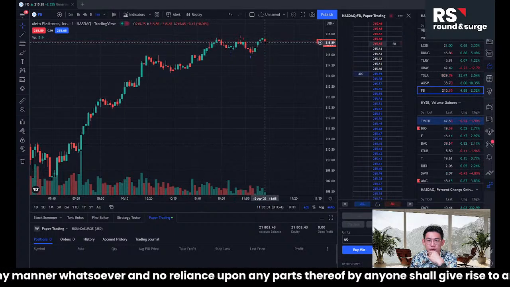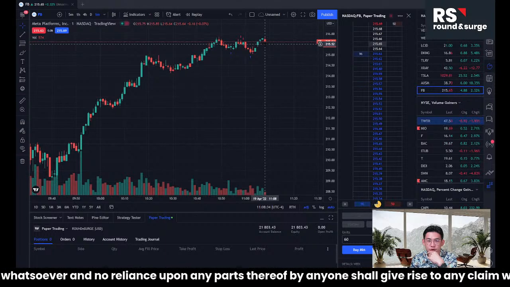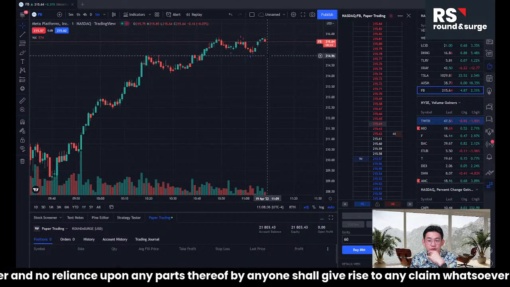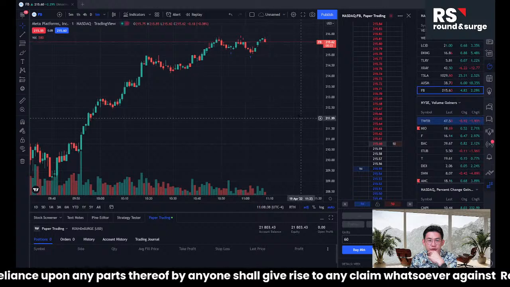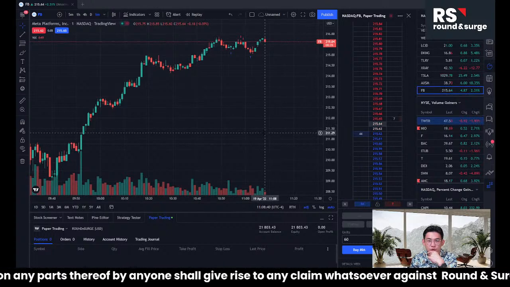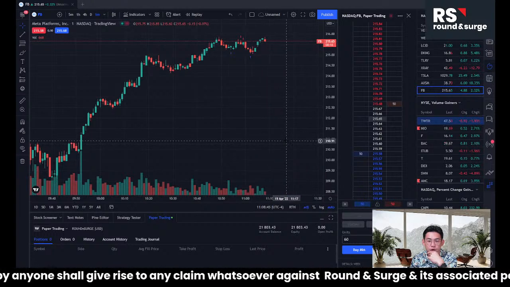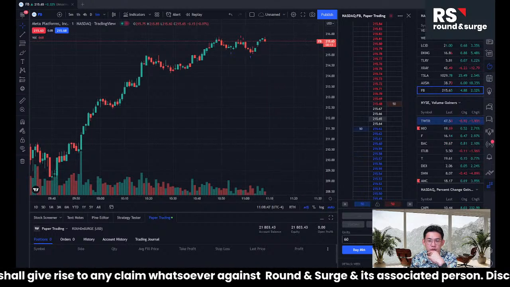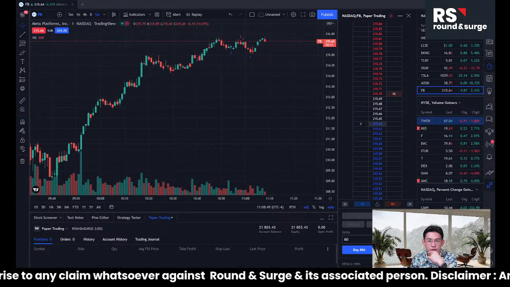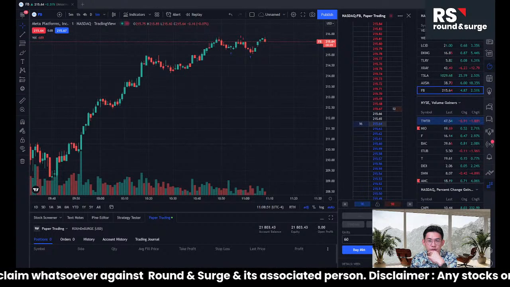FB going up slowly, high volume, price down like this. Seems like an opportunity for us. Let's wait for this price to close first. Then I'm going for short selling.